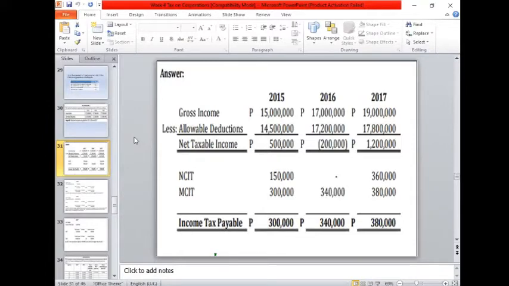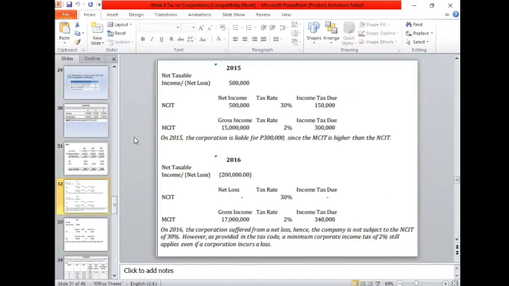And the minimum corporate income tax is 2% of the gross income, which is 19 million. So, of course, that's 380,000. Therefore, we again adopt the minimum corporate income tax of 380,000 instead of 360,000. Okay? Because as our rule, whichever is higher. So this is the computation that we use.